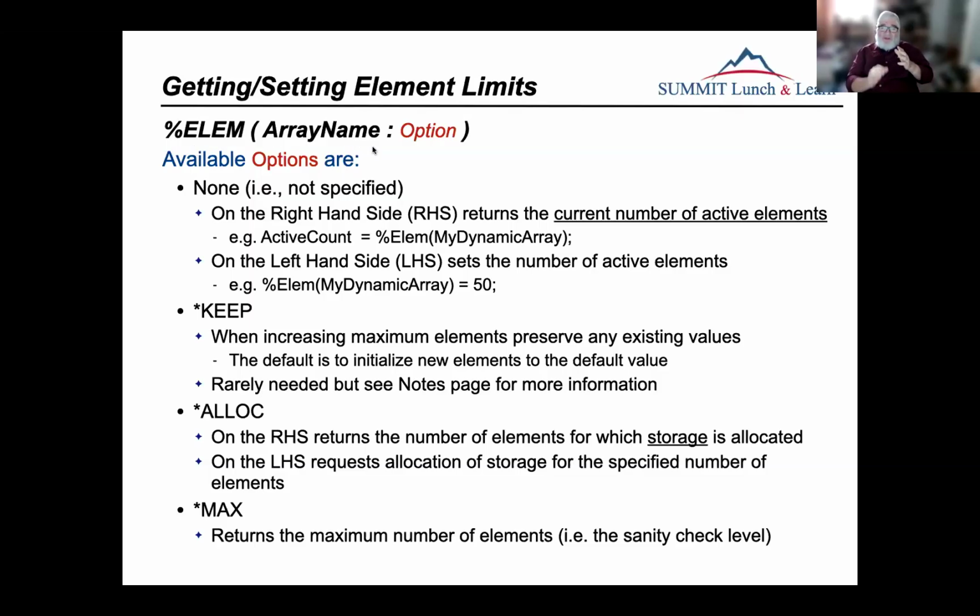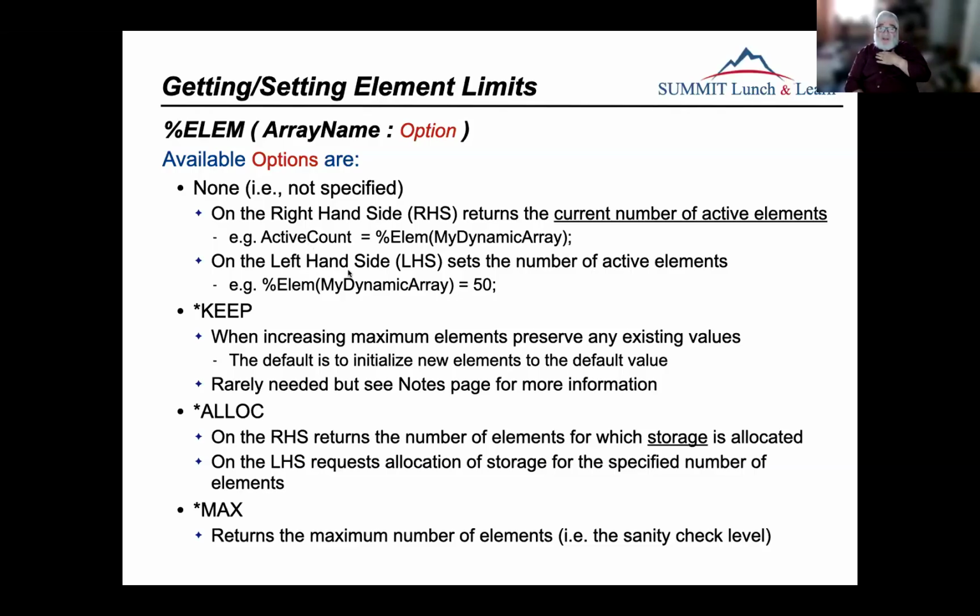Now, at the moment, if we use that on the right-hand side of an expression, like here, active count equals %elem, %elem would give us, on a conventional RPG array, just the maximum size. But on dynamic arrays, it will give you the active count. So if you want to know, well, how many elements have I got in total active at the moment, %elem and the array name, and store it wherever you want.